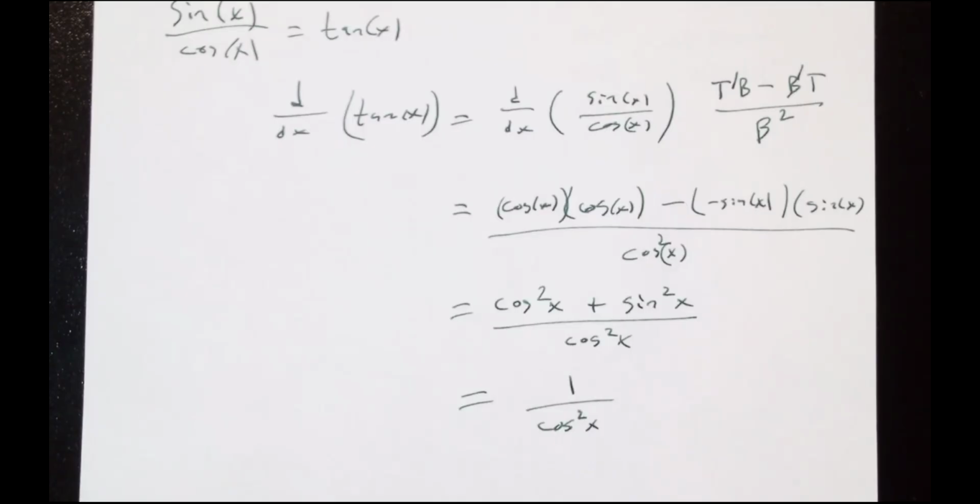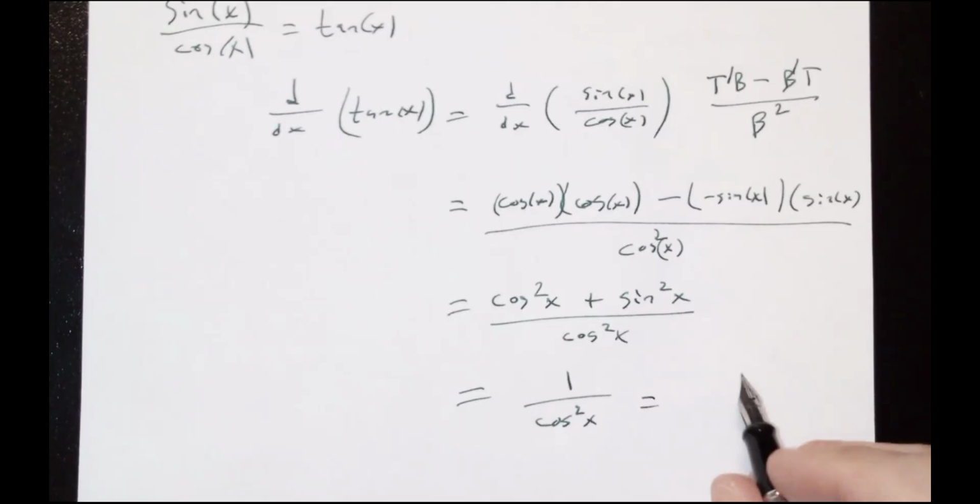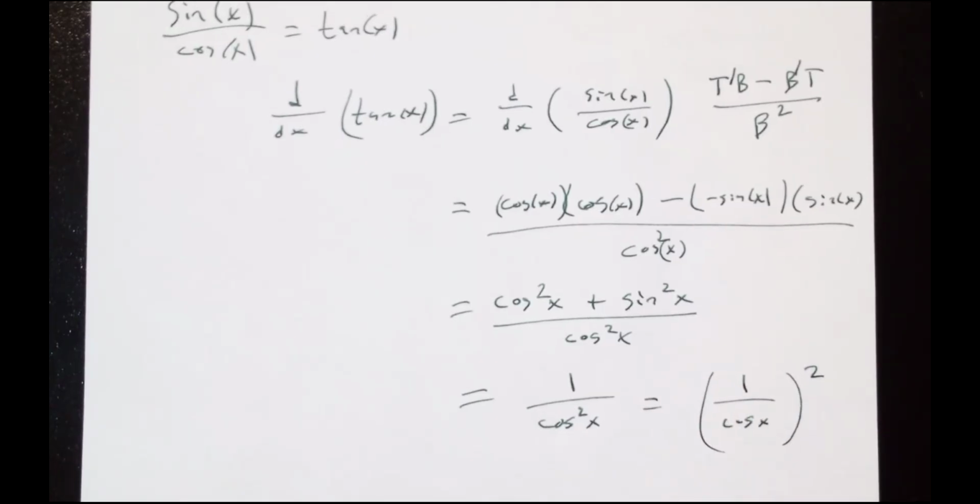But since it adds up to being 1, I can replace it. Wait a minute. 1 over cosine squared is the same as 1 over cosine all squared. Because 1 squared is 1. So the top is a square, the bottom is a square. I can think of the whole thing as a square. Say it again. Secant. 1 over cosine is the secant function.